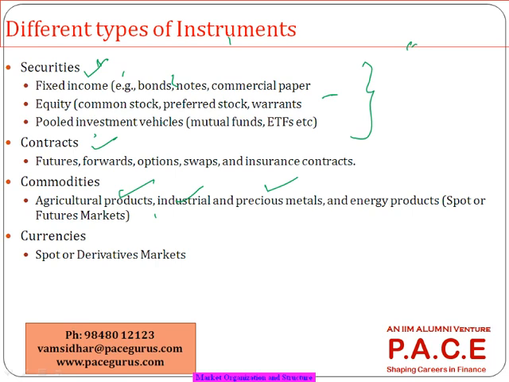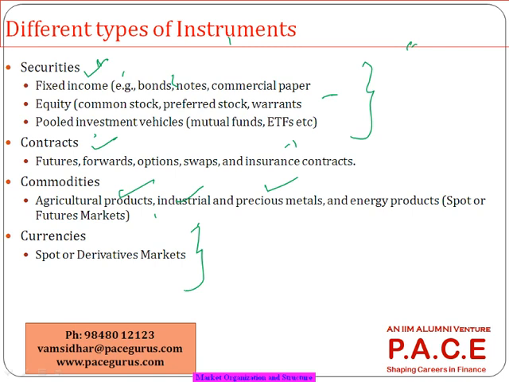All these commodities are traded either in the spot market or in the futures market. Most of these commodities are traded in the futures market, and you can very well buy them in the spot market also. So both markets exist for almost all these commodities. Then the fourth set of instruments we deal with is currencies like dollar, pound, and euros.